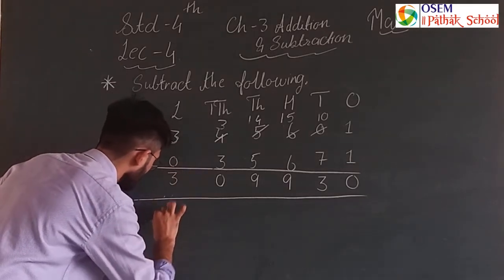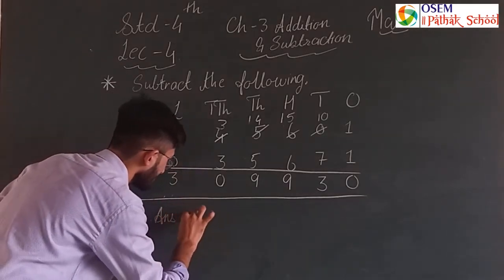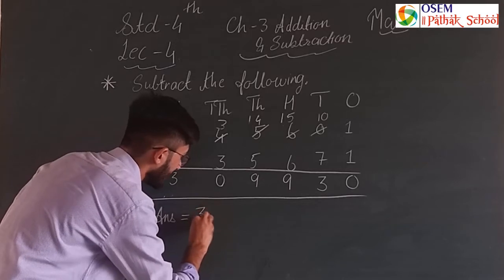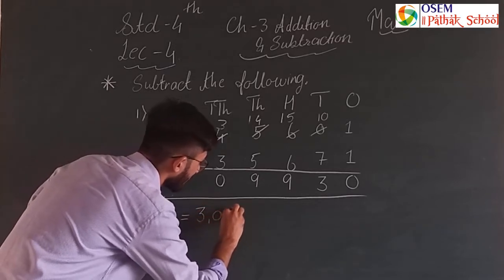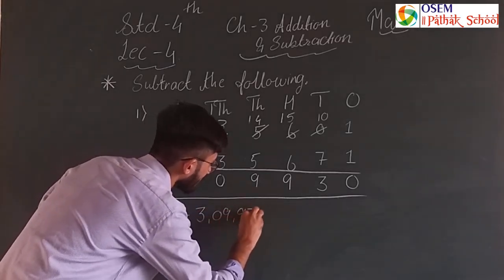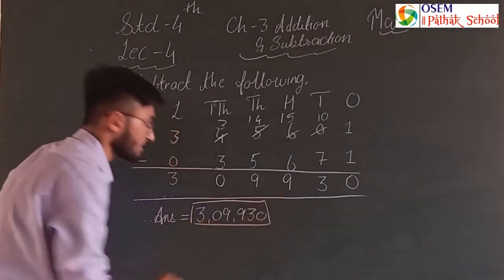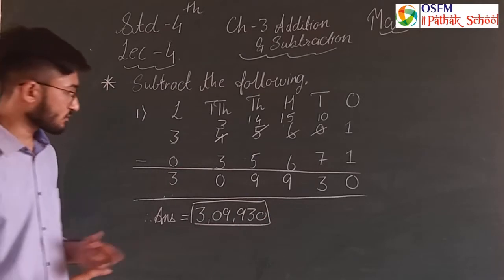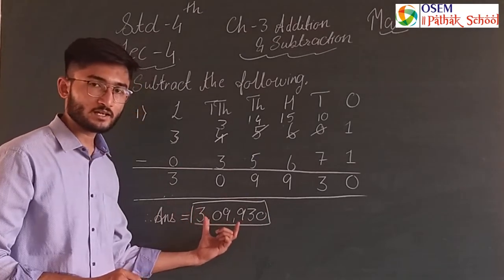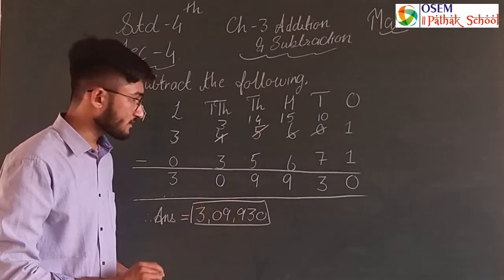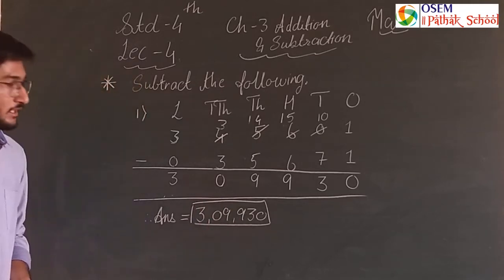Therefore the answer is 3,09,930. Keep in mind that whatever answer we get, we have to represent that in the box.